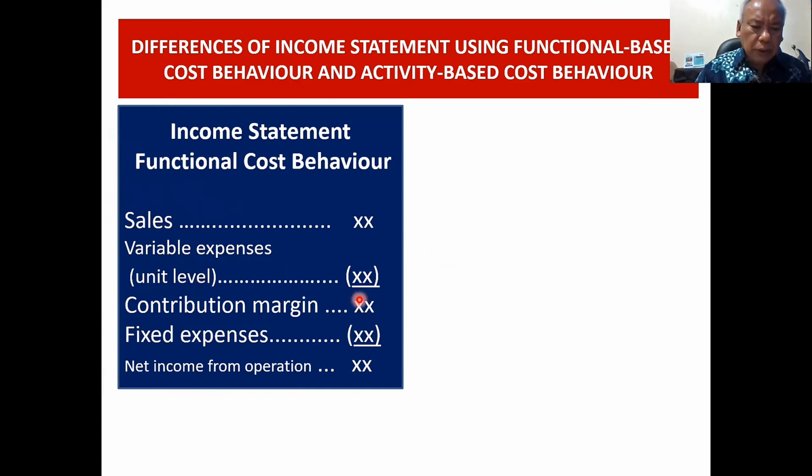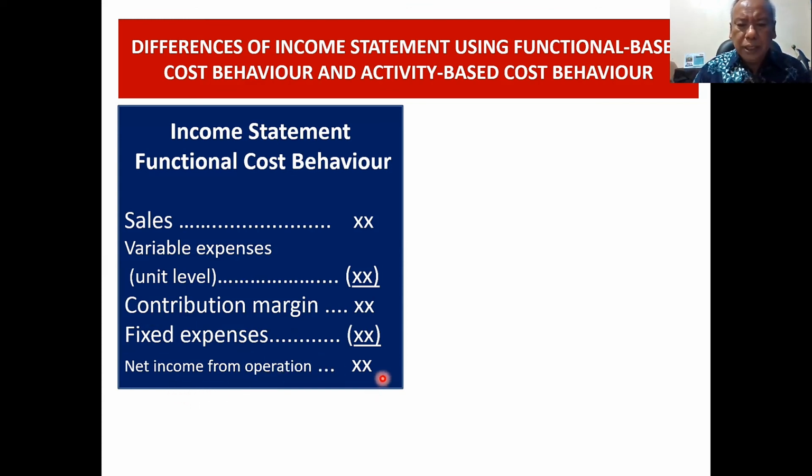Sales minus the variable expenses gives the contribution margin, and then we subtract the fixed expenses, covering the batch level, product level, and facility level costs. And then we find the net income from operation.